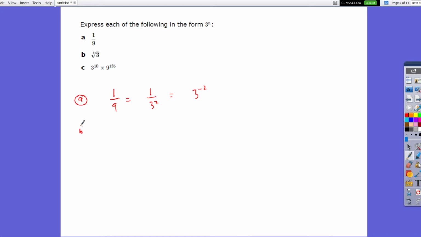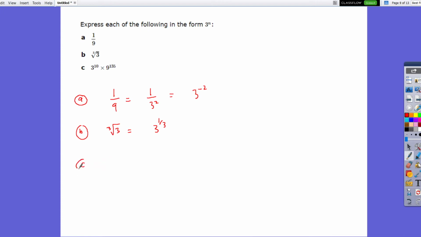Pretty standard. B, now the cube root of 3 is written as 3 to the power a third. Cube root is the same as a third.